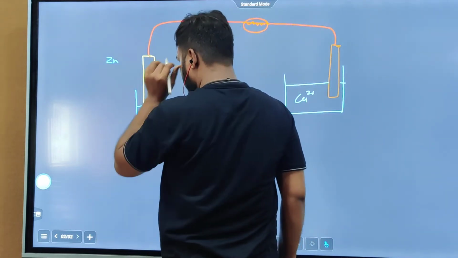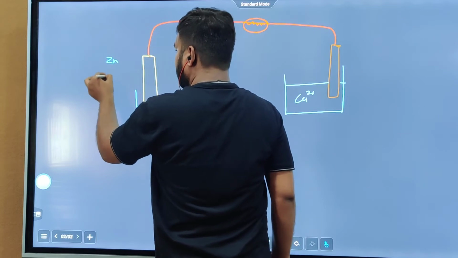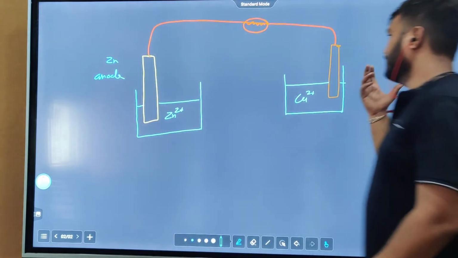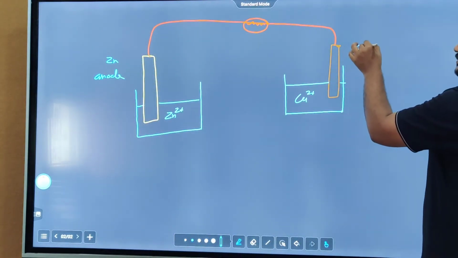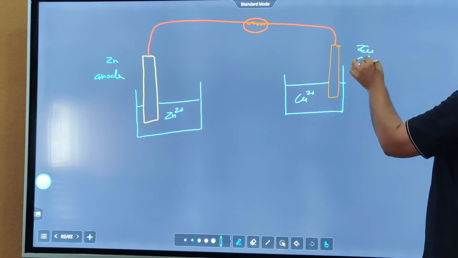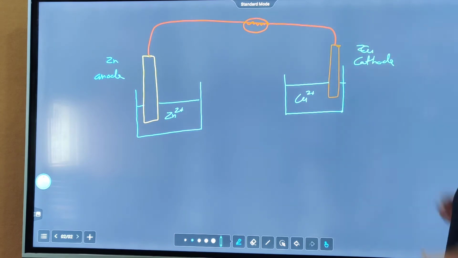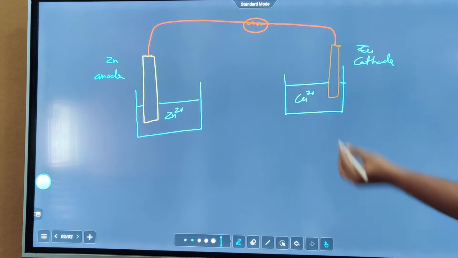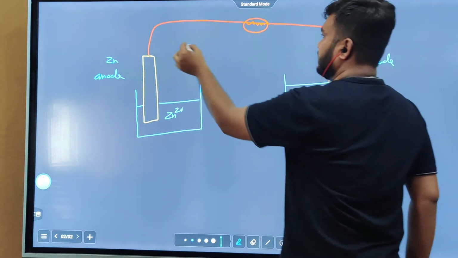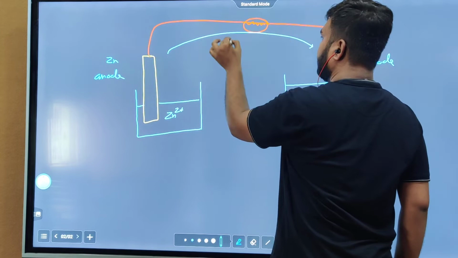Zinc rod is there. This is the anode, because oxidation is taking place. This is the cathode. Now electron is flowing from the left hand side to the right. Direction of flow of the electron will be this.